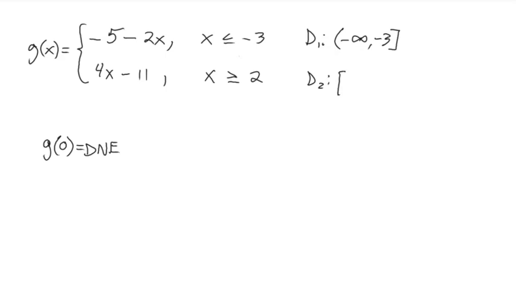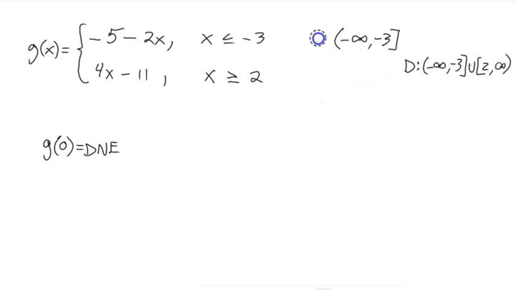So we're going to start at 2, including 2, so we put a bracket, and we're going to go up to infinity. And so to identify the domain of the entire function, basically we just union both of these together. So the domain of the entire function is going to be negative infinity up to negative 3, bracket, union, bracket, 2 up to infinity, and that's the domain of this whole piecewise function.